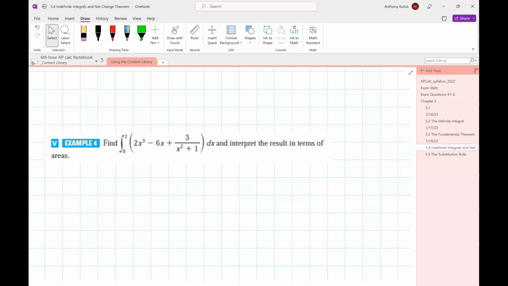So again, definite integral, first thing I observe, and I'm just going to have 2 times the antiderivative of x cubed, great, and then minus 6 times the antiderivative of x squared over 2, plus, is there a constant on that last one?